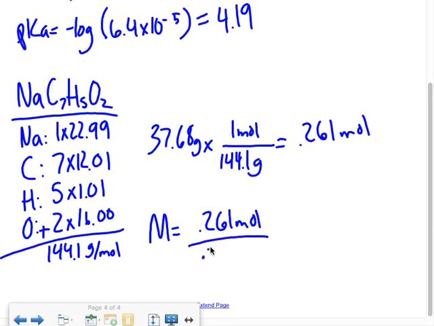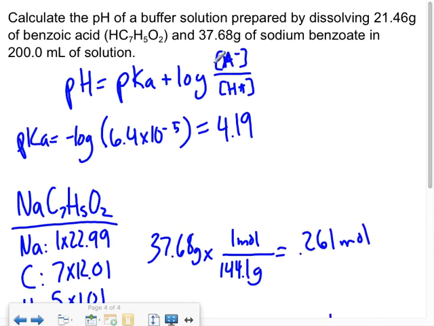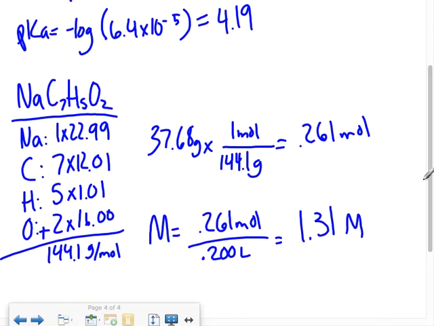So we were just chugging away at our Henderson-Hasselbalch equation. We've got our pKa, it's 4.19. We have the molarity of our base, 1.31. We need to find the molarity of the acid. We have 21.46 grams of the acid in that same 200 milliliter solution.